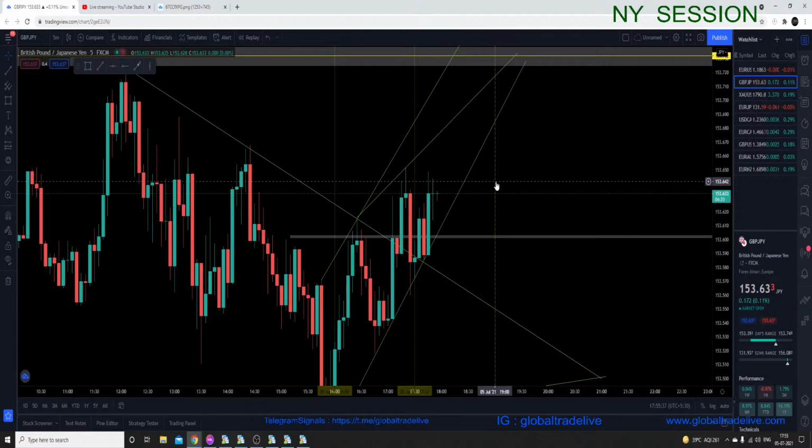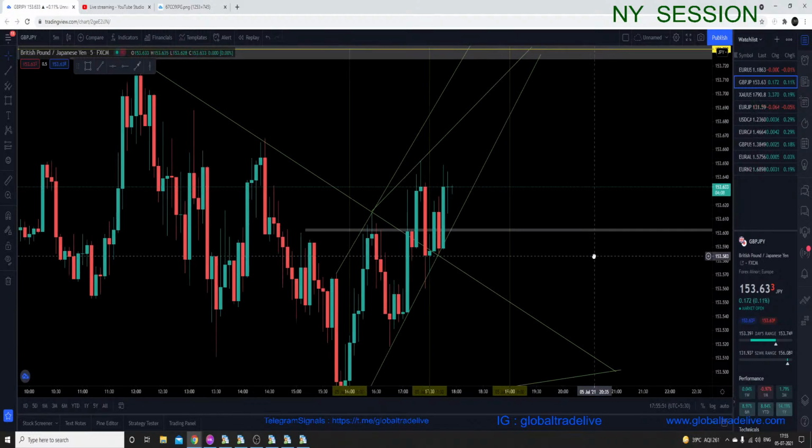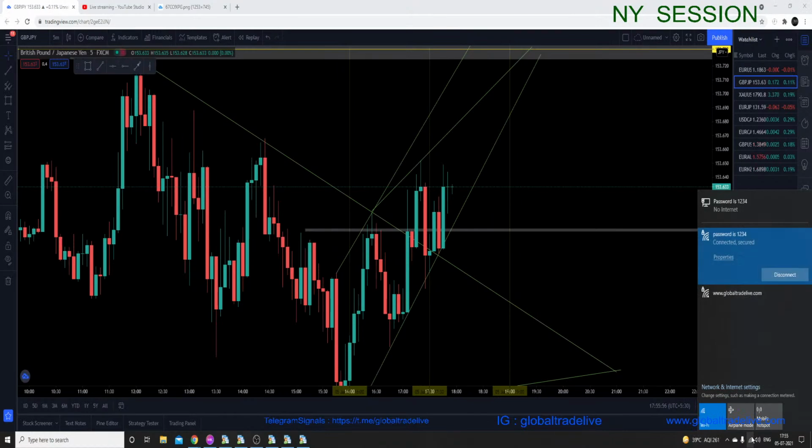That means this is a really strong level which the market is respecting again and again, and really not sure what will be happening because the market is losing its momentum over here.